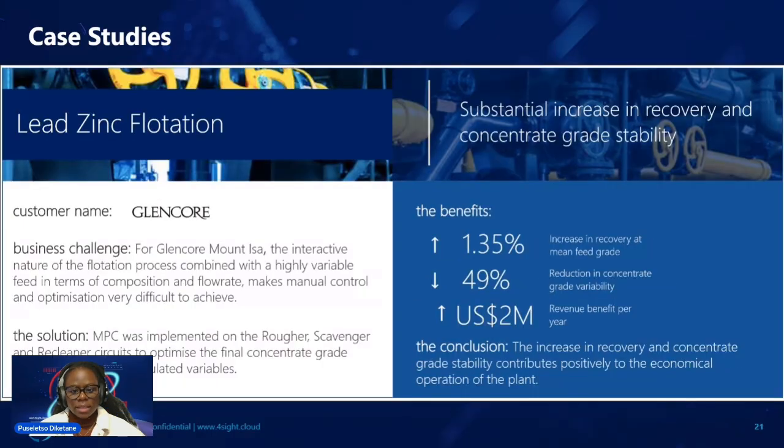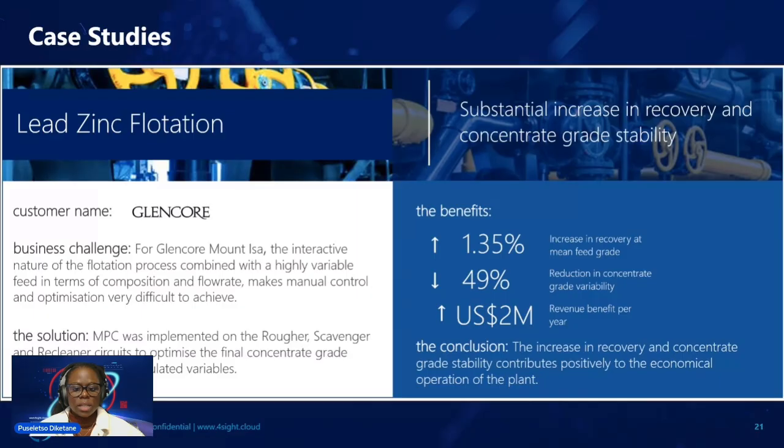All right, so the next case study is a lead zinc flotation process owned by Glencore in Mount Isa, Australia. Similar to First Quantum, they were also having challenges with the interactive nature of their flotation cells.